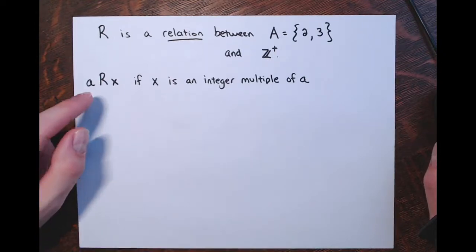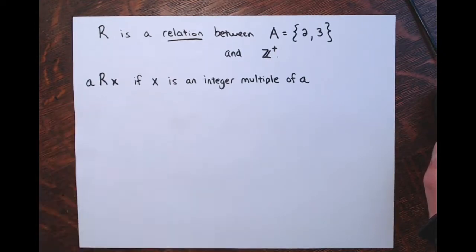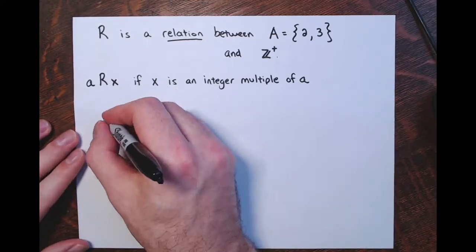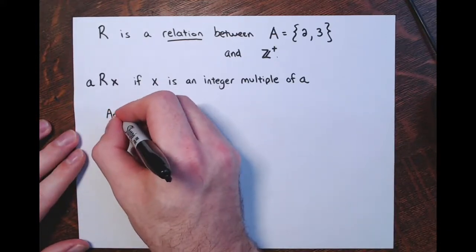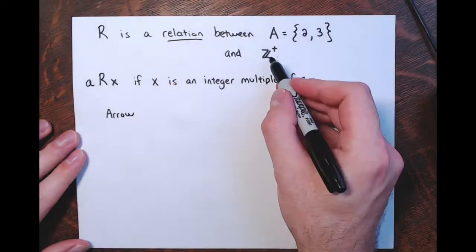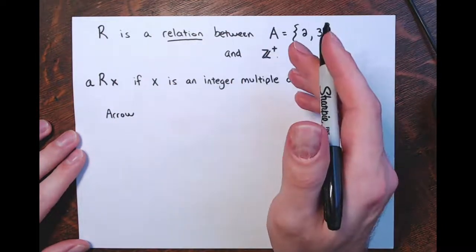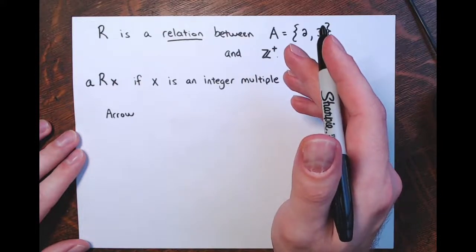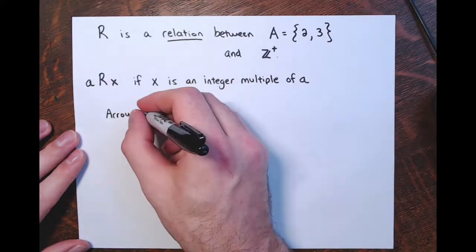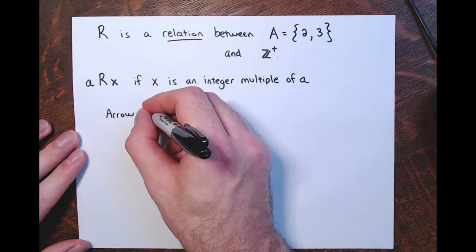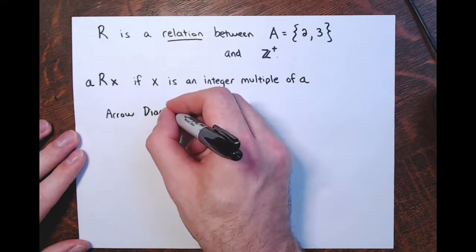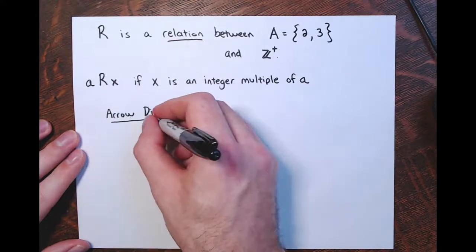And a is related to x if x is an integer multiple of a. Now, Z plus is infinite, so I can't make a complete arrow diagram. I can't possibly write all the elements of the positive integers, but I'll start off by trying to make one.